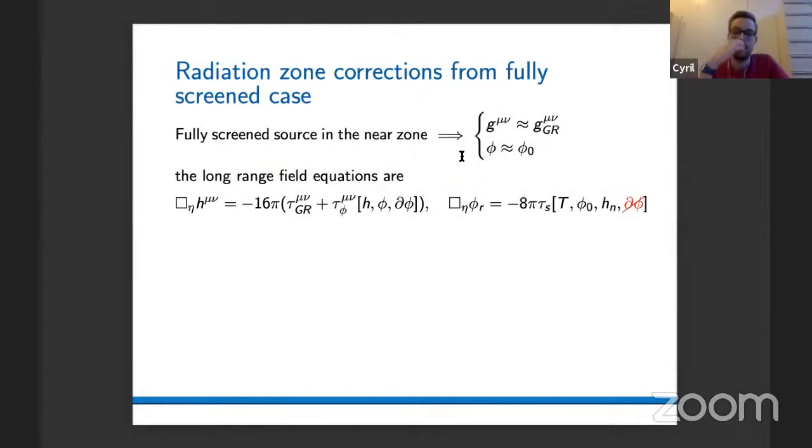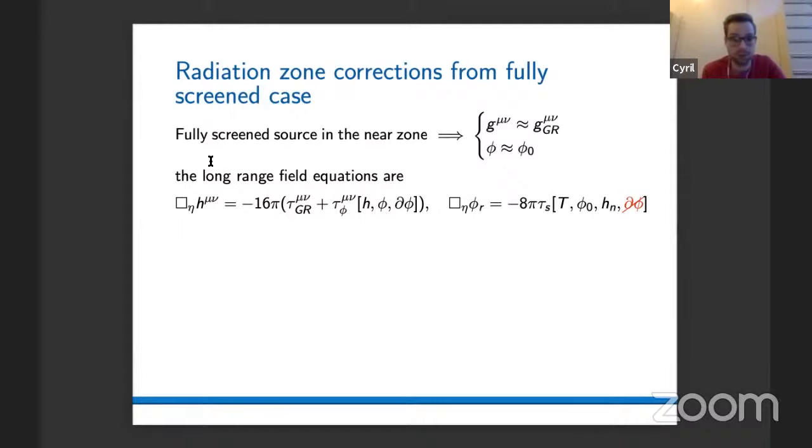This time, we actually don't need to consider any extra contribution to the general relativity metric or the scalar field, because they will enter at a lower order. I mean, you can add them, but as we will see, we can just consider our source to be fully screened. So there's no dynamical scalar field, and we recover general relativity in the near zone.